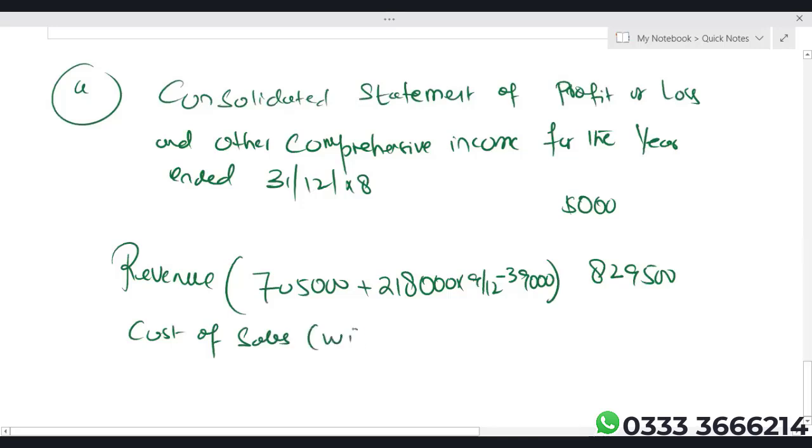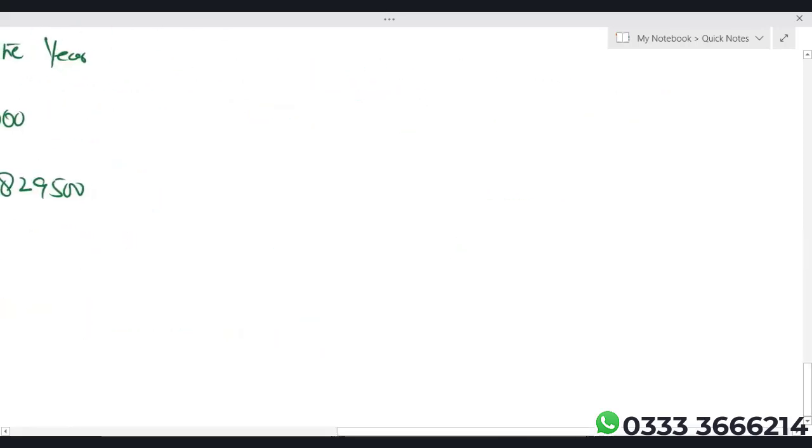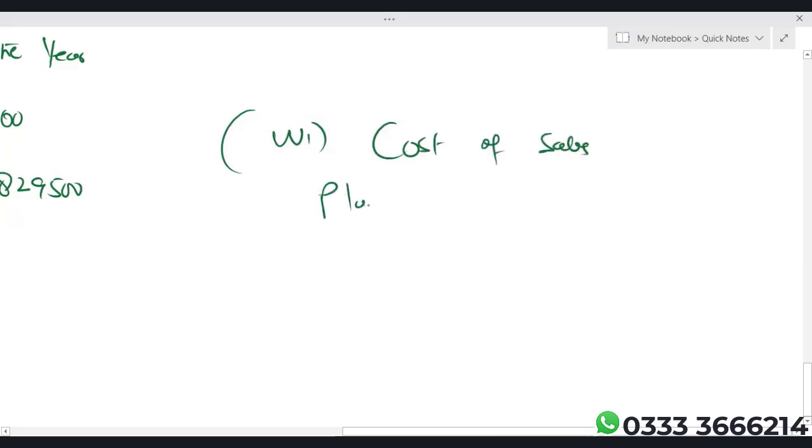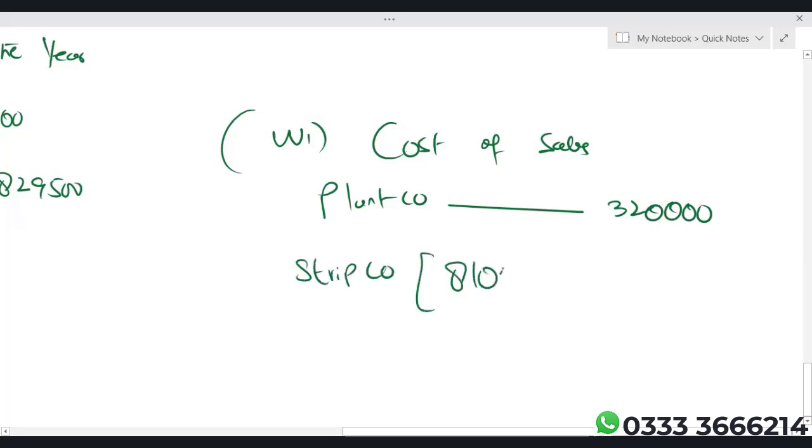Working one. Almost all the adjustments of cost of sale I have explained to you. Let me show you working one here. Cost of sales. Plank company, 3,20,000. Strip company, subsidiary, it is 81,000 but 9 by 12.